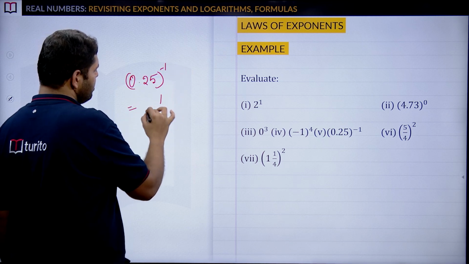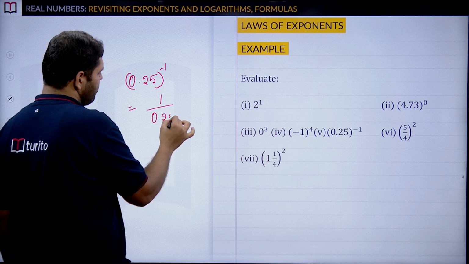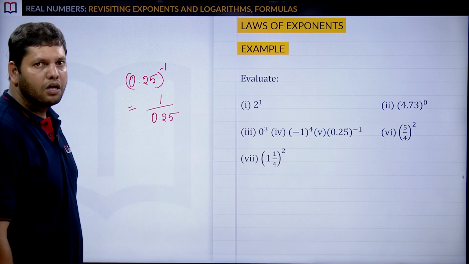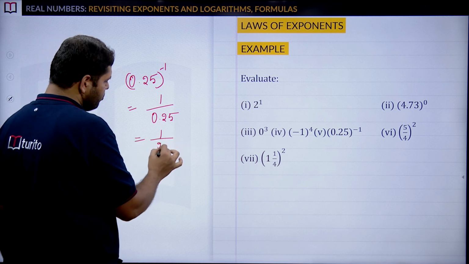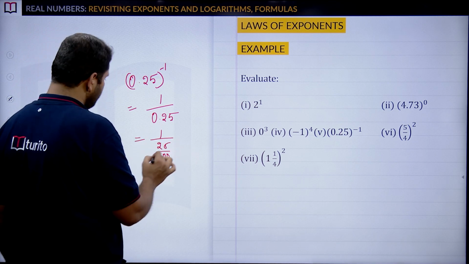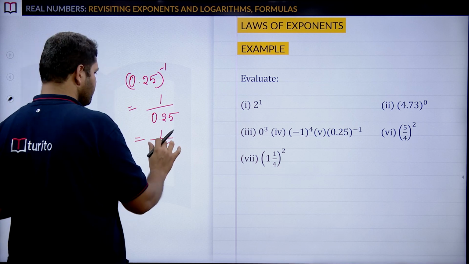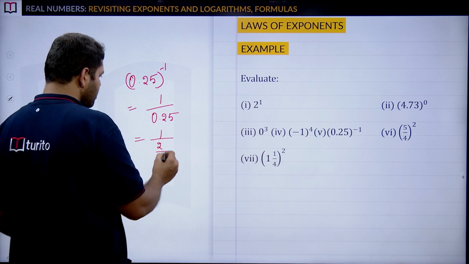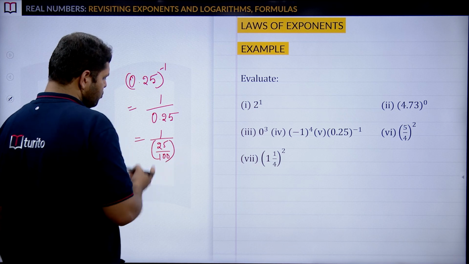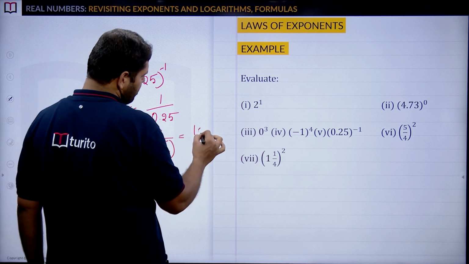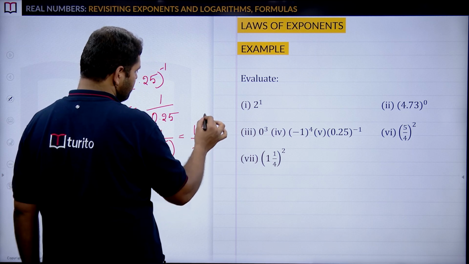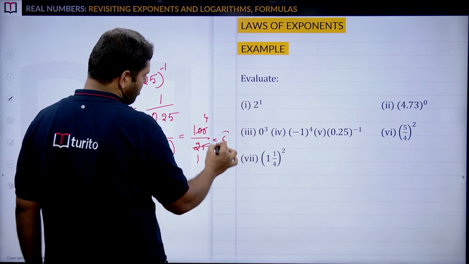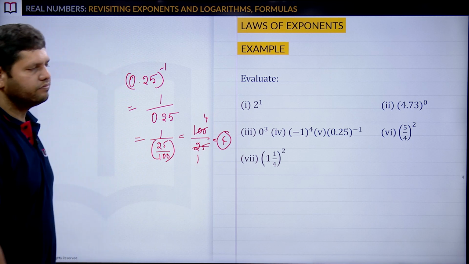So this we can write as 1 by 0.25. And how can we write 0.25, children? We can write it as 25 by 100. Are you getting my point? So this is 25 by 100, and the reciprocal we'll get is 100 by 25. So cancel: 25 ones are 25, and 25 fours are 100. So the answer is equal to 4.